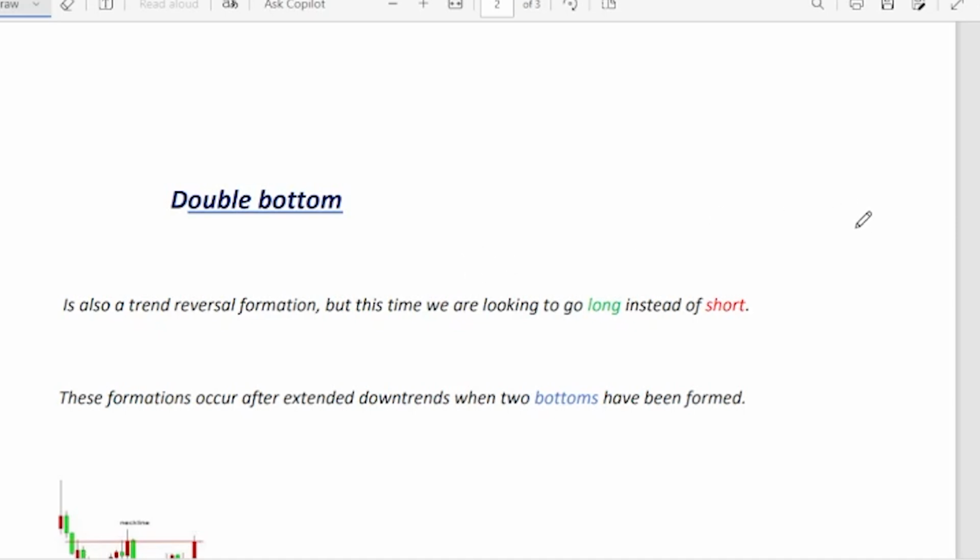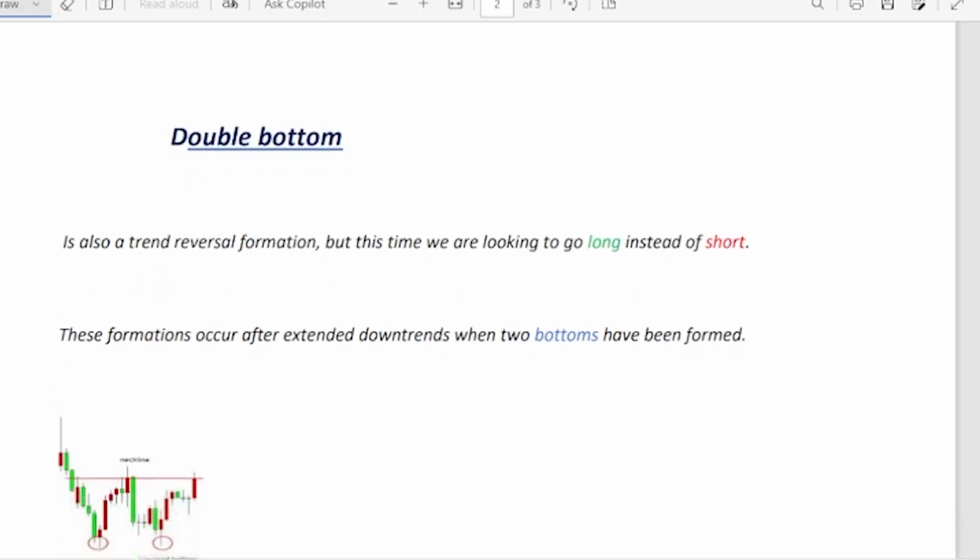We are expecting the market to reverse to the upside. This formation occurs after an extended downtrend. Remember, we have a long movement of the downtrend, and then after that we form the double bottom.